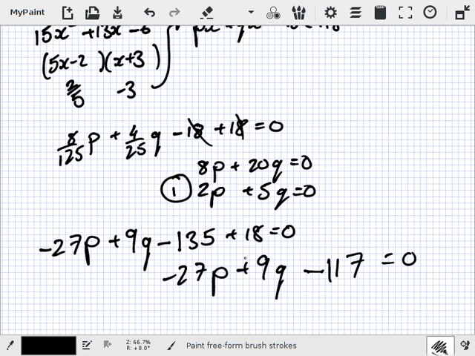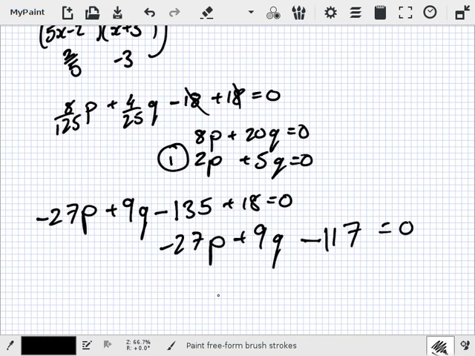I believe I can divide by 9. 117 divided by 9 is 13. So minus 3p plus q equals 13, and flipping the sign, 3p minus q equals minus 13. So that's equation 2.